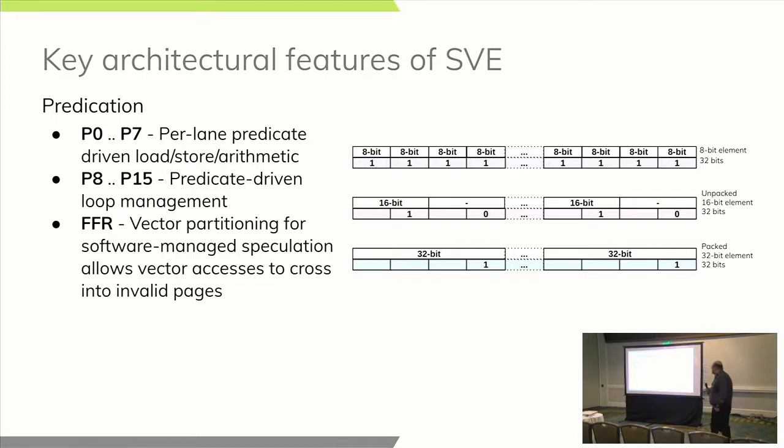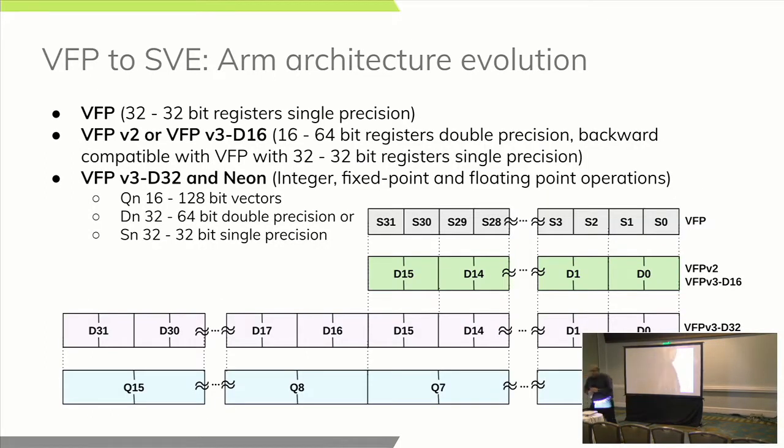So P0 to P7 registers are used for per lane predication, and P8 to P15 are used for loop management, and FFR, as I told you, is used for vector partitioning and software managed speculation. This detail is sort of out of scope for debuggers, it's not as relevant for debuggers, and I'm going to talk about the registers as such and not how they're used inside SVE.